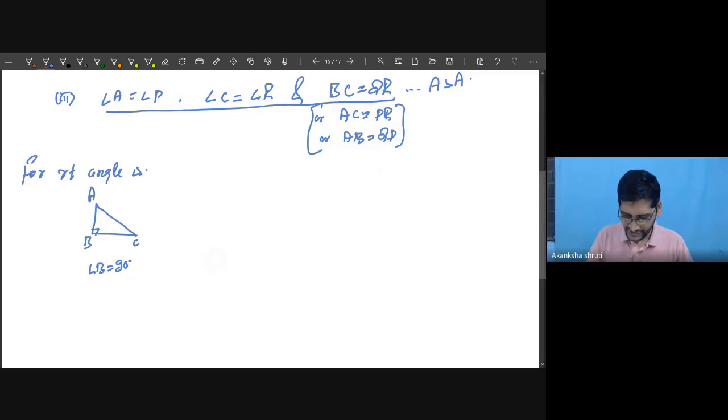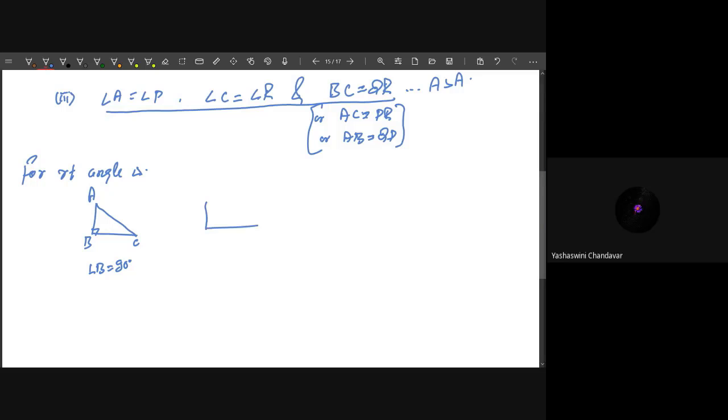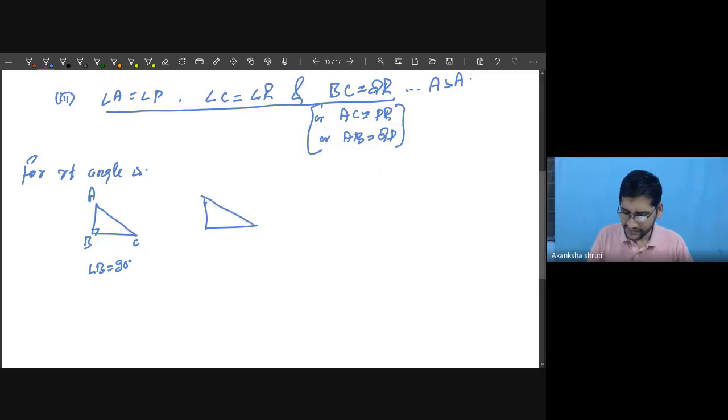Then only it will be a right angle triangle. Another is PQR. Here also one of the angles is given as 90 degrees. So this condition is already given. Angle Q equals 90 degrees.